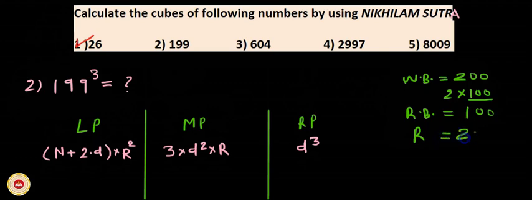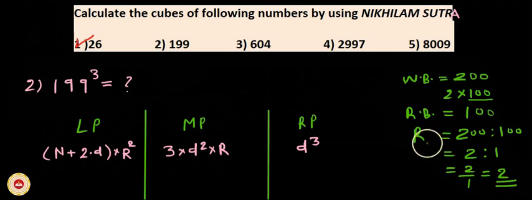Now what is the ratio of working base to real base? The ratio of working base 200 to real base 100 is 2:1, that means we write 2 upon 1, which is nothing but 2 only. So we will use this 2. Ratio is 2 and we will use this 2 in the calculations of left part and middle part.